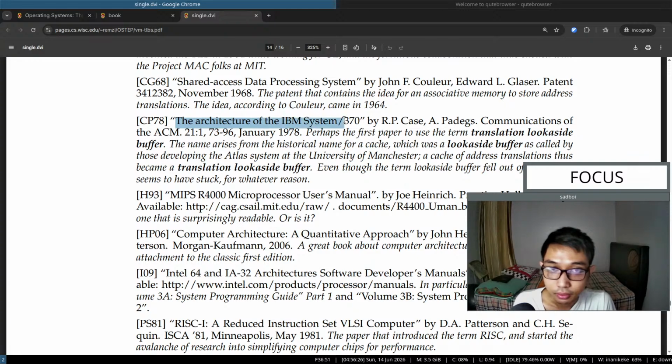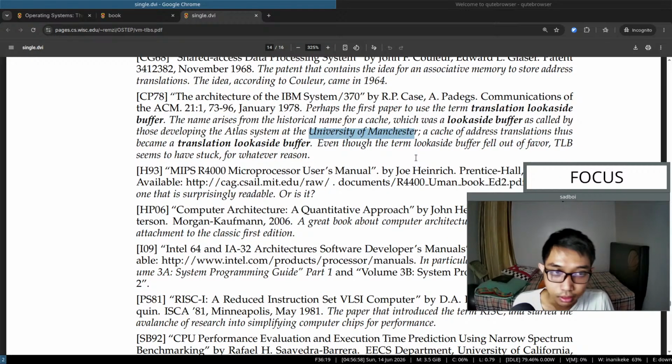The architecture of the IBM System 370. Perhaps the first paper to use the term translation lookaside buffer. The name arises from the historical name for a cache, which was a lookaside buffer, as called by those developing the Atlas system at the University of Manchester.